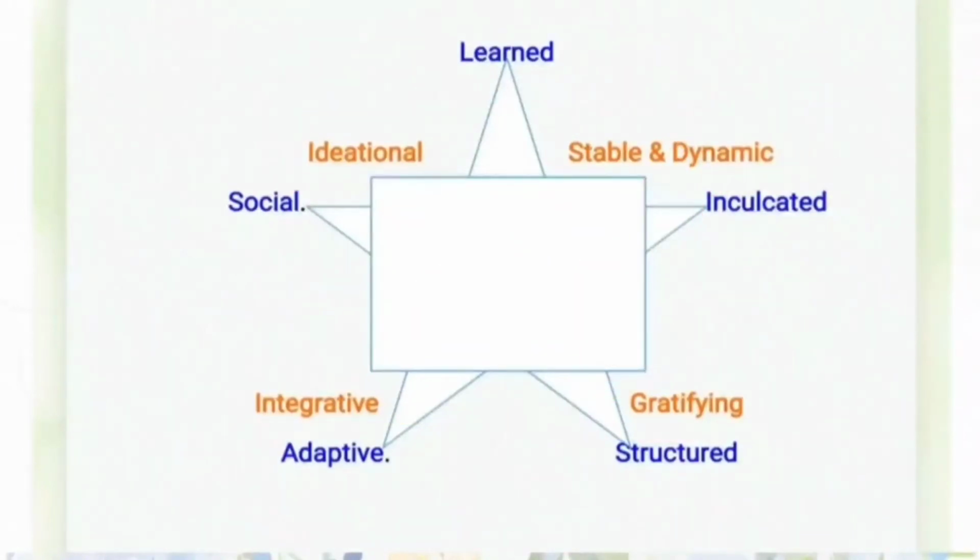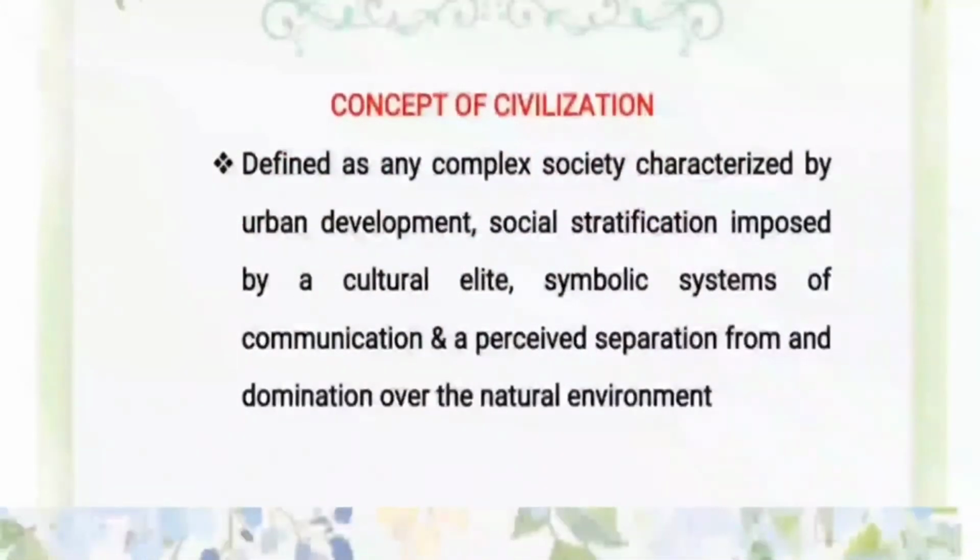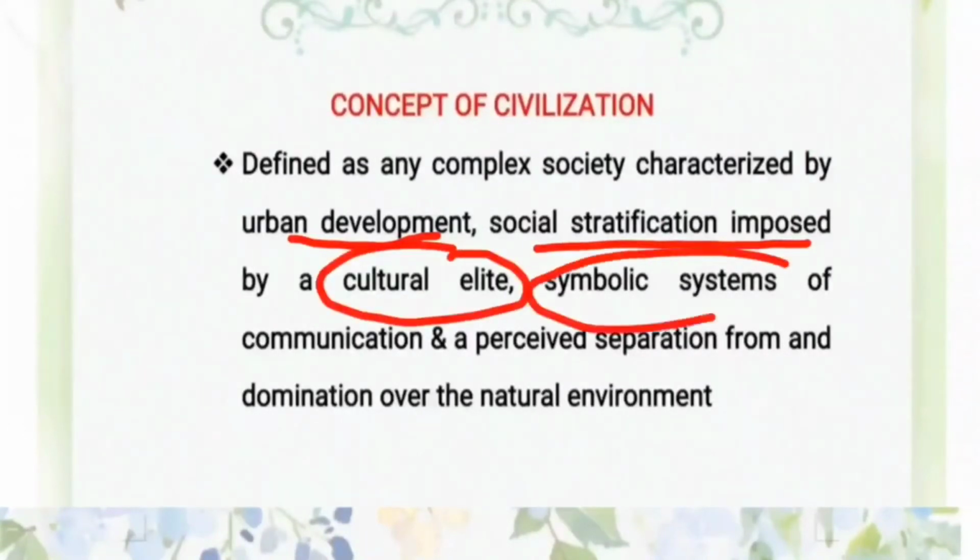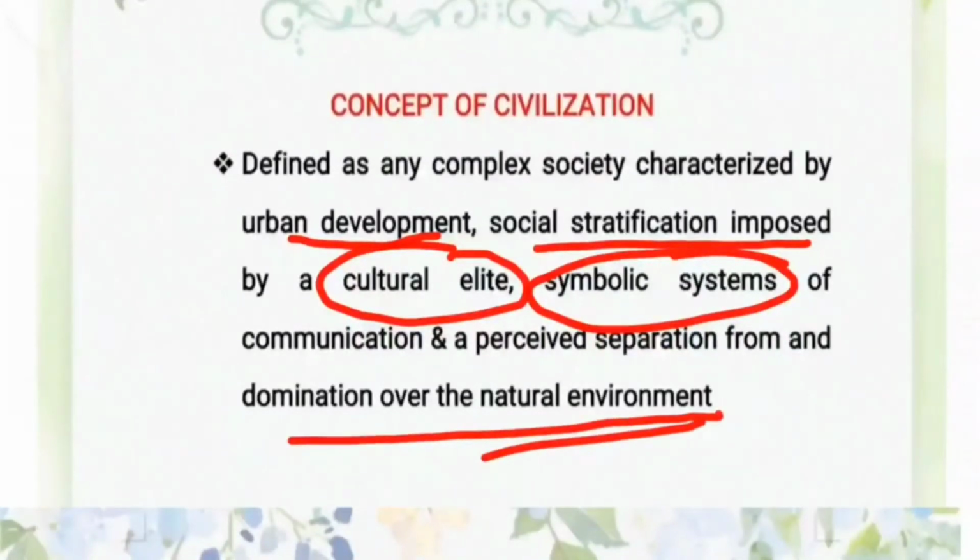Moving forward to the concept of civilization. Now, what do we mean by a civilization? It is a complex society characterized by urban development, social stratification imposed by the cultural elites, symbolic systems of communication, and perceived separation from and domination over the natural environment. This is a complex society which is urbanly developed.